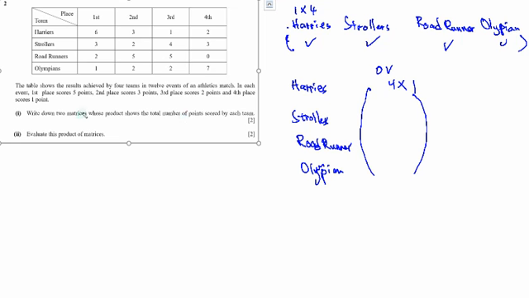Now let's read the question. Write down two metrics whose product shows the total number of points scored by each team. Harrier, total number of points scored by Harrier team, total number of points scored by stroller, and consequently you have road runner, you have Olympian, the same way.